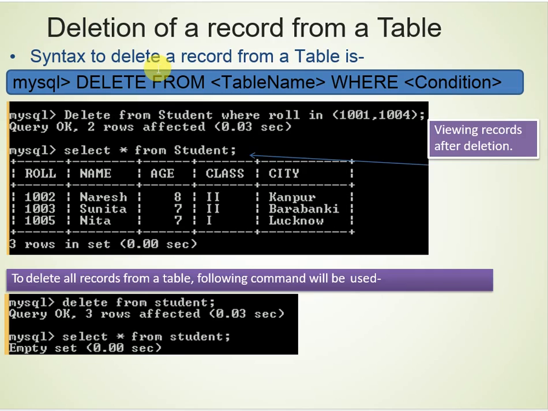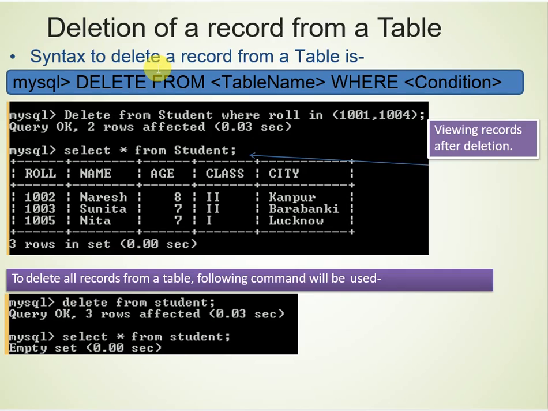Let's see the example. Delete from student where roll number in 1001 comma 1004, semicolon, press enter. It will flash the message query OK, 2 rows affected.